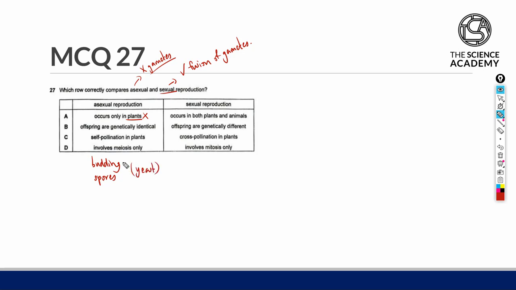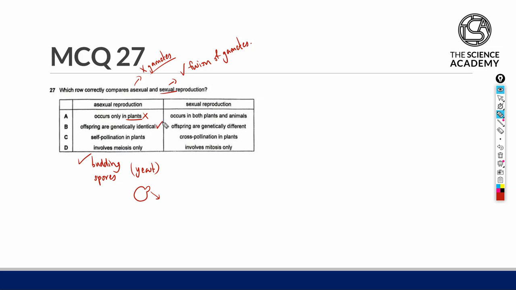Most yeast cells reproduce via the budding method, where one parent cell gives off one daughter cell via the process of budding, which is pinching a fragment of the parent cell, allowing this daughter cell to be exactly identical to the parent cell.